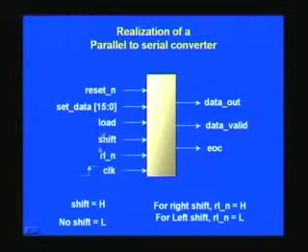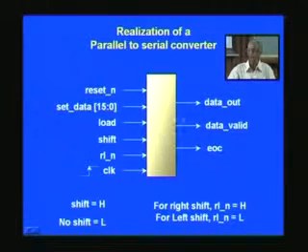Coming to this, when load is asserted, it loads the set data into the shift register, which is 16 bits in width. And only when shift is asserted will the shift take place. The shift can be either right or left, and for that you need one more bit of information, and that is this signal. R stands for right, which is high as indicated here, and this is left.